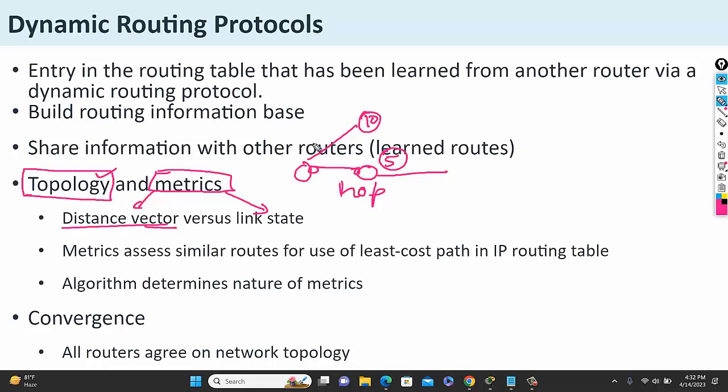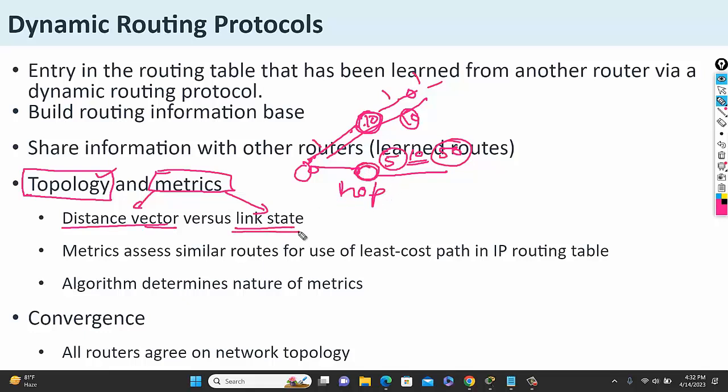For example, one route may be a total of 50 kilometers and another only 10 kilometers. It will not consider the distance, it will consider only the hop count.